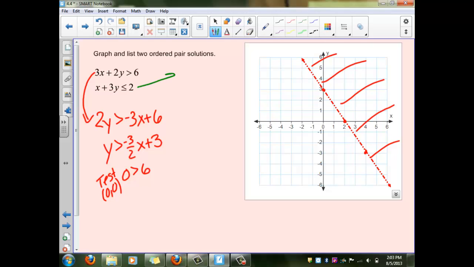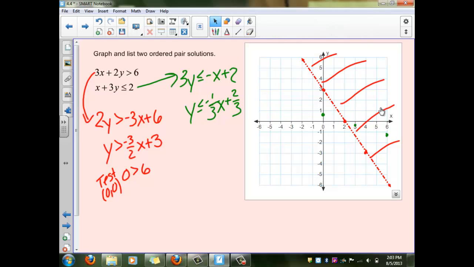And now for this one. Start at 2/3 and go down 1 over 3. Notice this is a solid line.